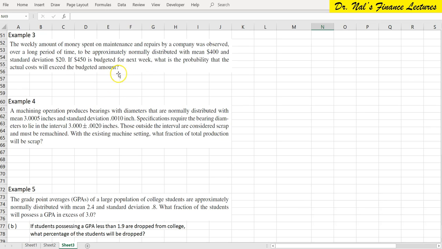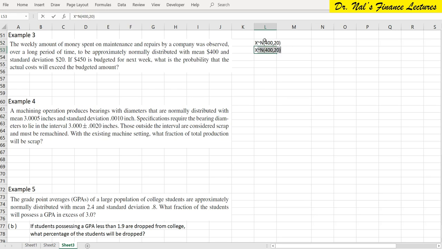So we have a normal distribution here. Let's write that down. Our random variable is normally distributed. So that's the notation we use: X tilde N, that means normally distributed, with mean 400 and standard deviation 20.